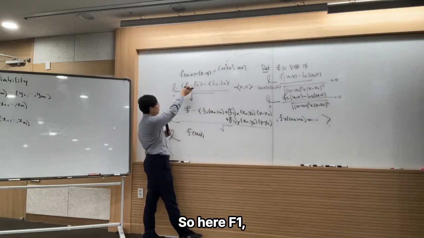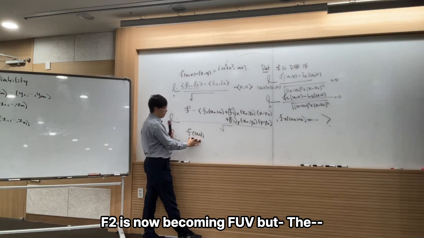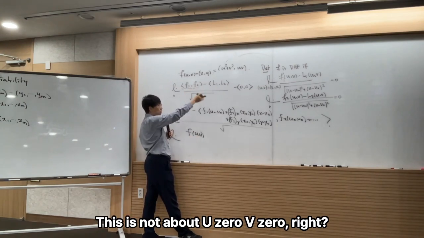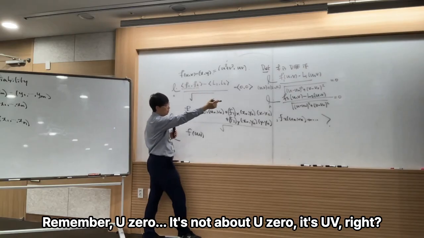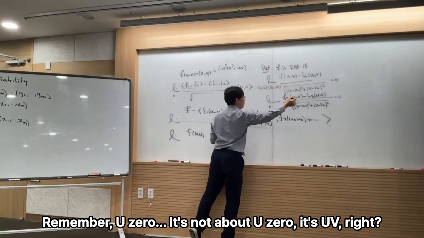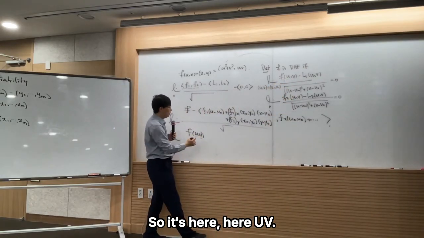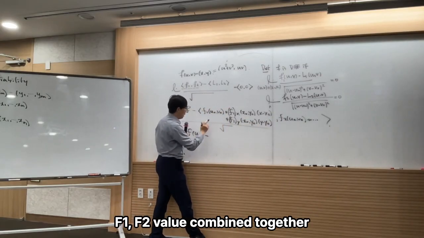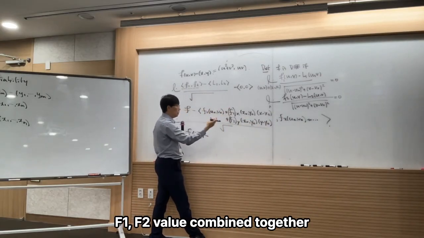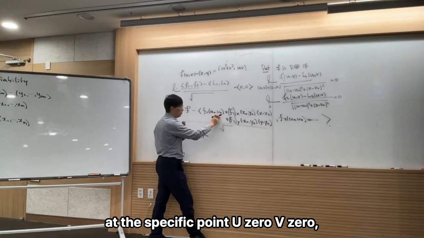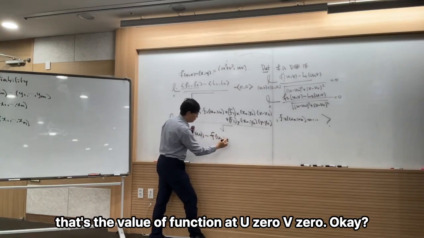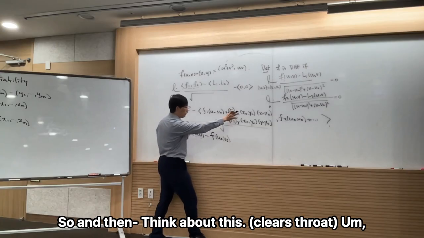So here, f1, f2 is now becoming f(u,v), but because this is just a formula, it's not about u0, v0. Remember, it's not about u0, it's (u,v). And if you take these two, then what? The f1, f2 values combined together at the specific point (u0, v0) give the value of the function at (u0, v0). Okay? And then, think about this.